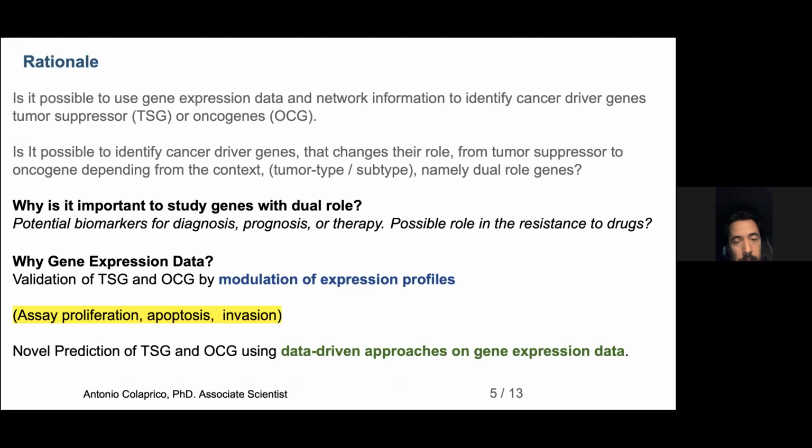So we use gene expression data and network information, where an oncogene can increase the proliferation of cells and decrease apoptosis, whereas a tumor suppressor can decrease proliferation but increase apoptosis. Studying dual role is important because it can be a potential biomarker for diagnosis, prognosis, and therapy, and also have a possible role in resistance to drugs.